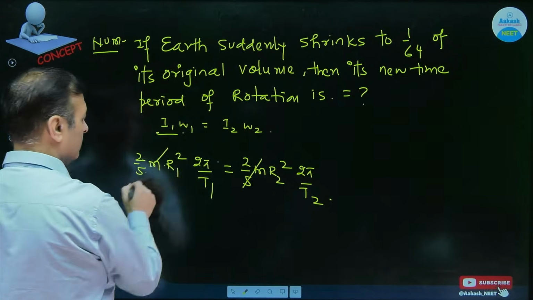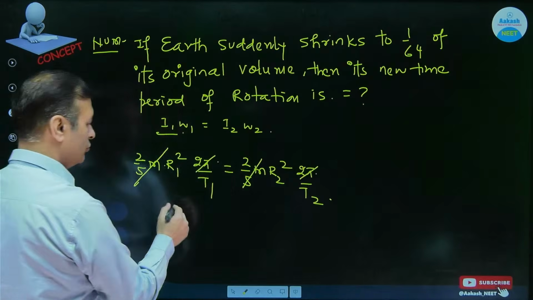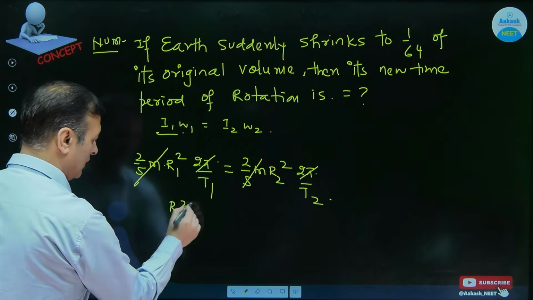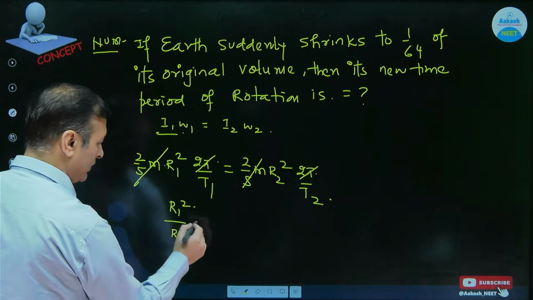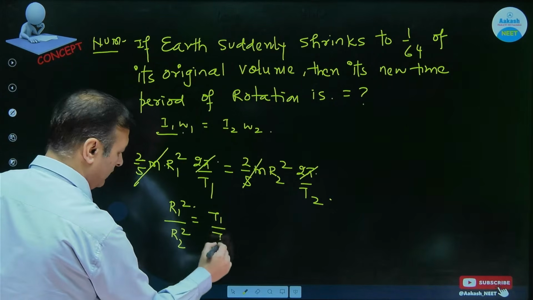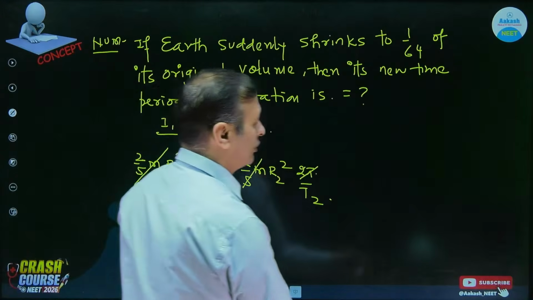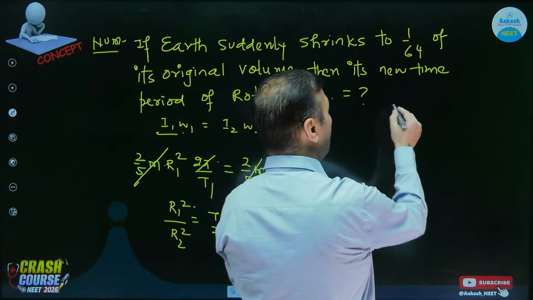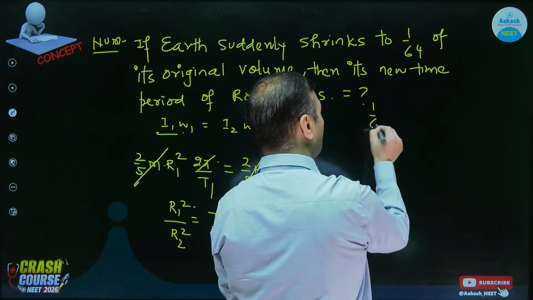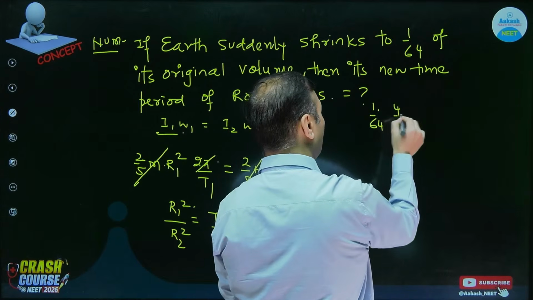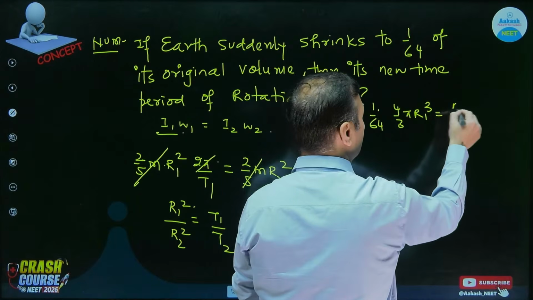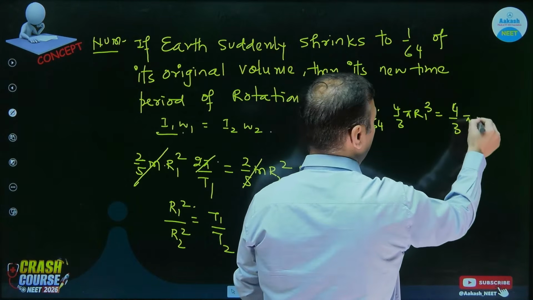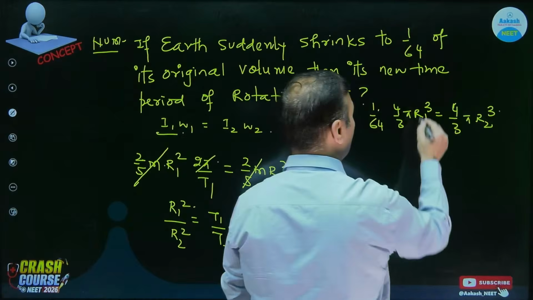So, mass being constant, so r1 square by r2 square is equal to T1 by T2. Now, because it's reduced to 1/64 of its original volume, so 1/64 of 4 by 3 pi r1 cube becomes 4 by 3 pi r2 cube.